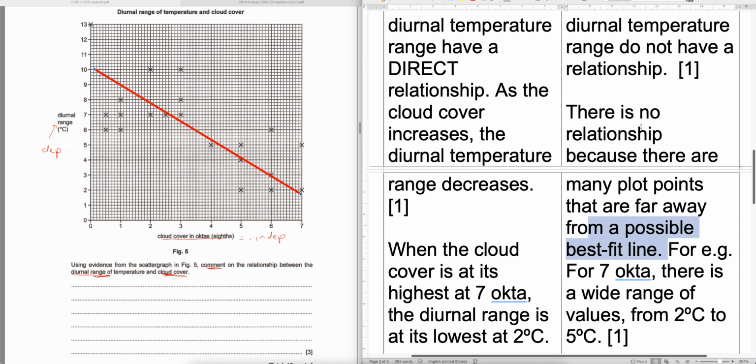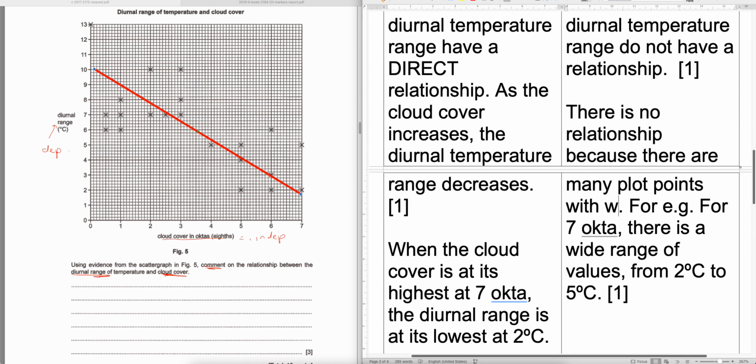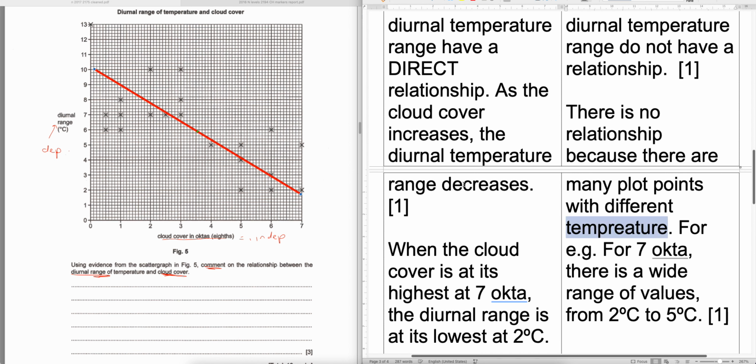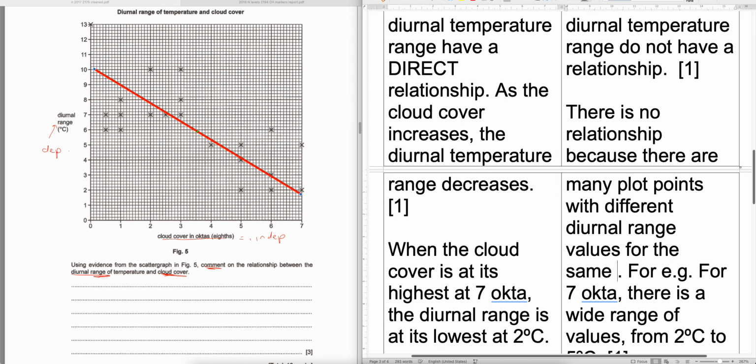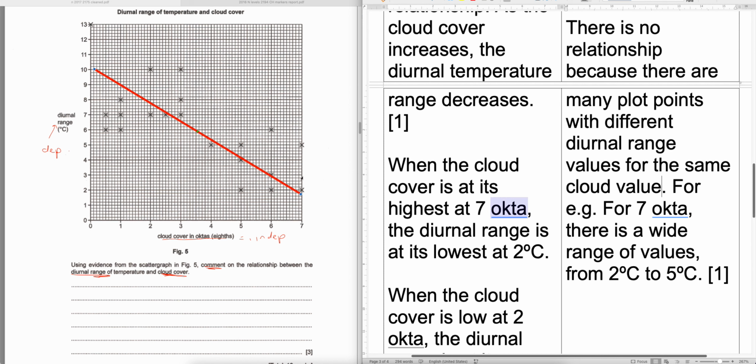So maybe you can say that there's no relationship because there are many plot points that are repeated with different diurnal temperature range values for the same octa value, the same cloud cover value. That will point out why it is hard to draw a relationship.